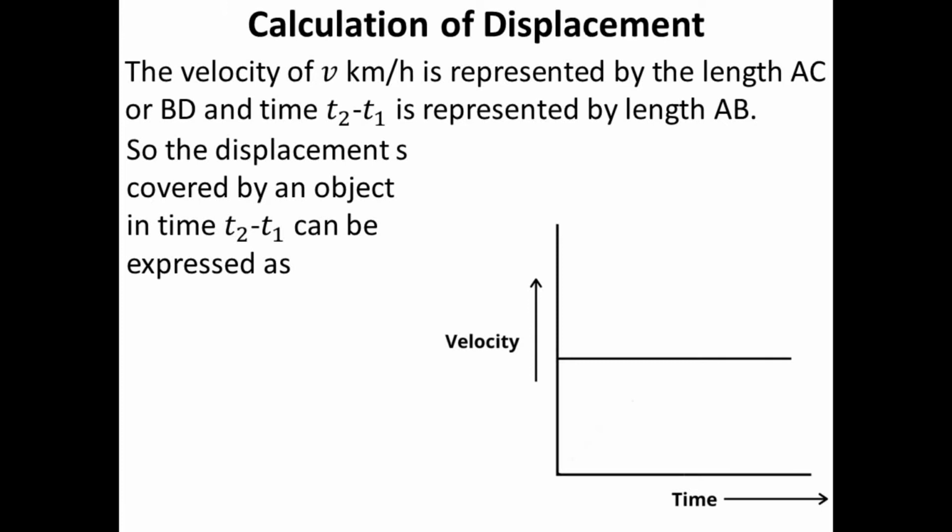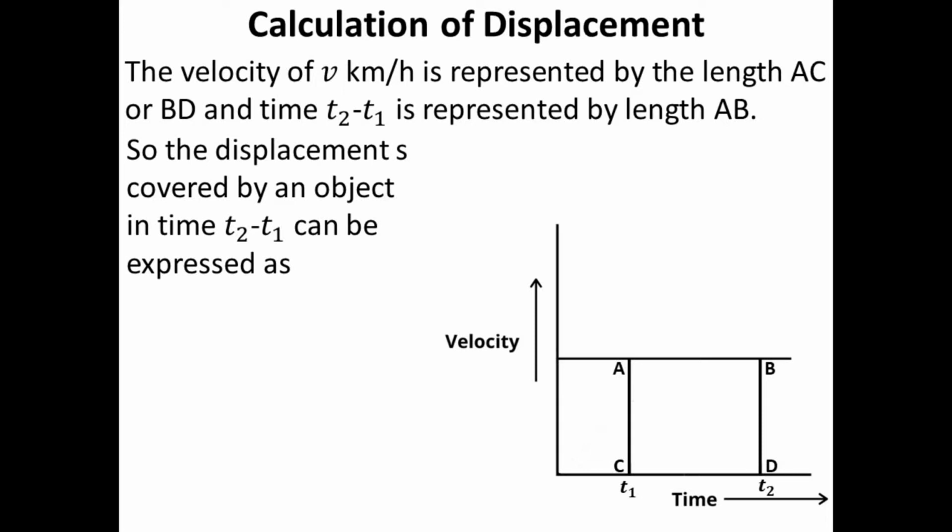To know the distance covered by an object between time t1 and t2, draw perpendiculars from the points corresponding to the time t1 and t2 on the graph. It forms rectangle A, B, D, C.